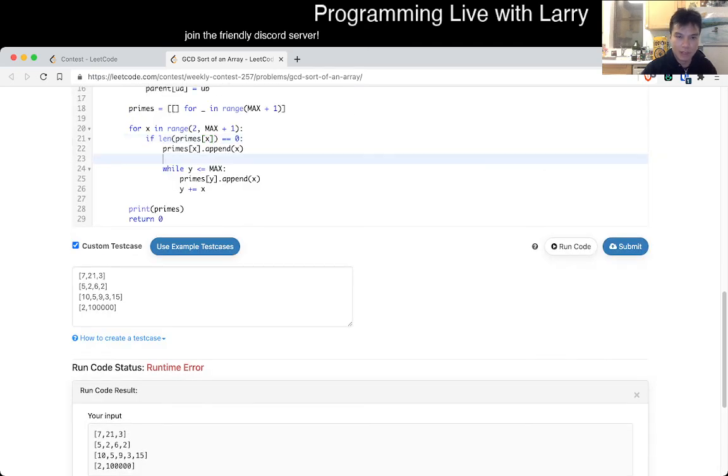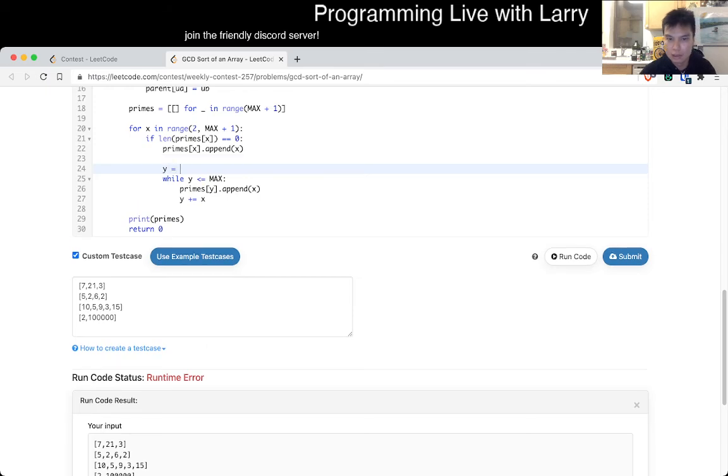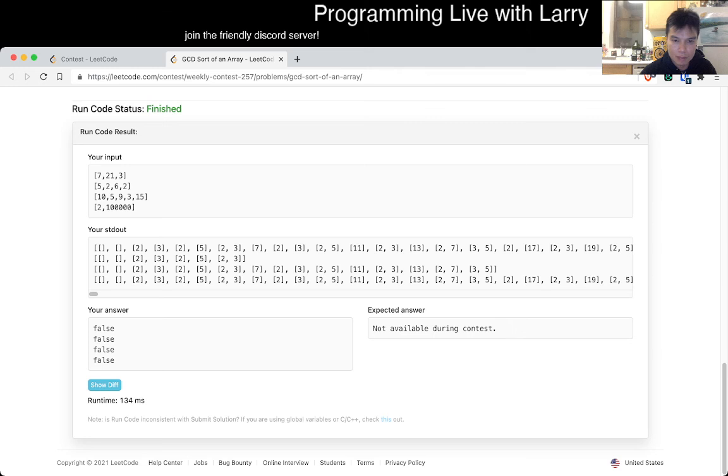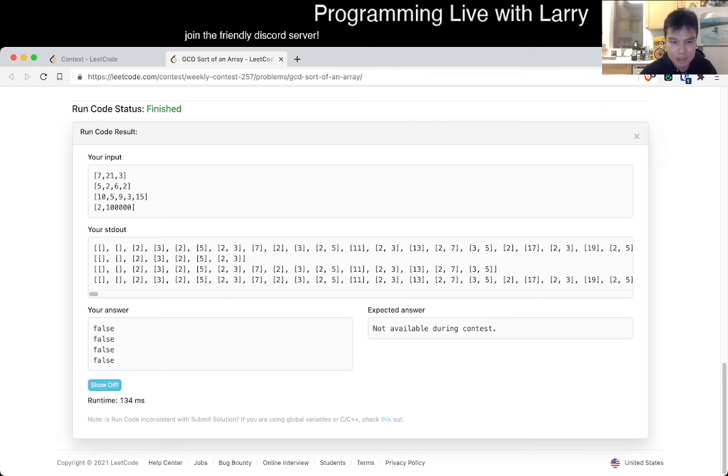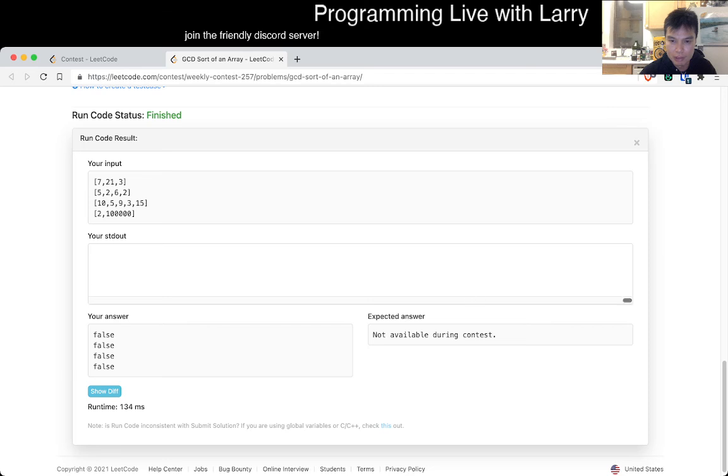Okay, y is equal to x plus x. Okay, so this is fast enough, maybe. If it gets nasty, we could mess with it. But 2, 3, 4, 5, 6, 7, 8, 9, 10, 11, 12. Everything looks okay so far, and it runs pretty quickly.